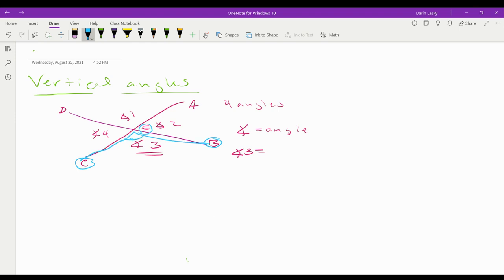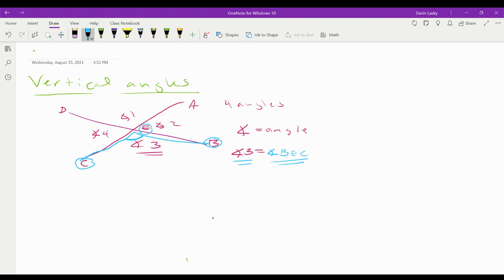So that's the angle right here, angle BEC. These two mean the same thing. Angle 2, if you say it in your head, will be AEB.